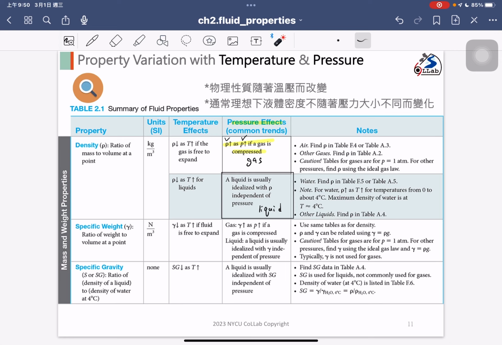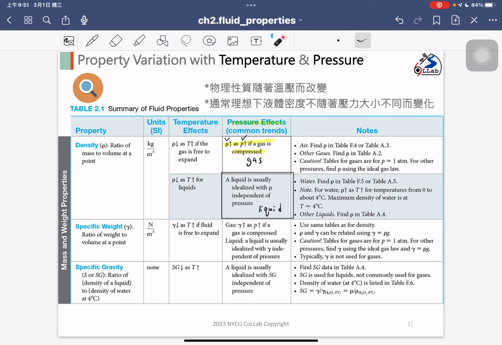Okay, that's why I say the table is very good, because it just summarizes some ideas, and you can figure them out based on your knowledge. Because we already did the exercise in the previous slide, we actually know the reason the density increases when the pressure increases for the gas. So this is a very good table I'm trying to explain.